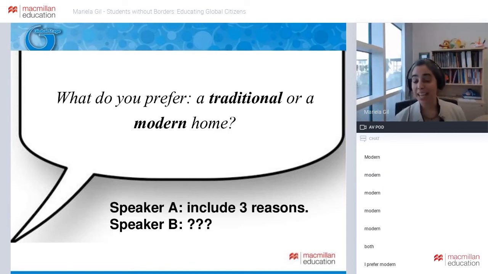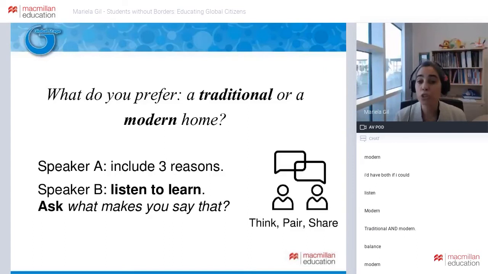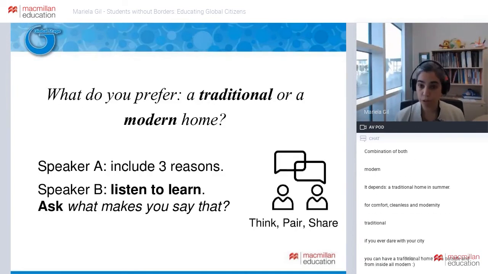So if you had this activity in your classroom, how can you make it more of a global citizenship activity? What can you do? One thing that you could do is you can give each student a task. So student A, include 3 reasons. That helps them practice their language. That helps them give information about why of their decision, right? Why do I prefer a traditional home?